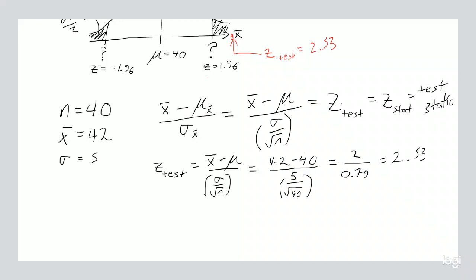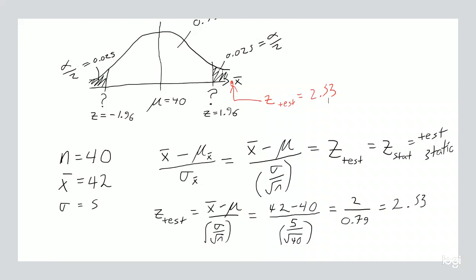So we are in the rejection region. Okay, this is a value that is very, very high given our assumption that the population mean is 40. So we're going to reject our null hypothesis. Could we be wrong? Could the population mean actually be 40? Yeah, it's possible. But the probability that it is going to be this high is less than 5%. So we're going to reject our null hypothesis.